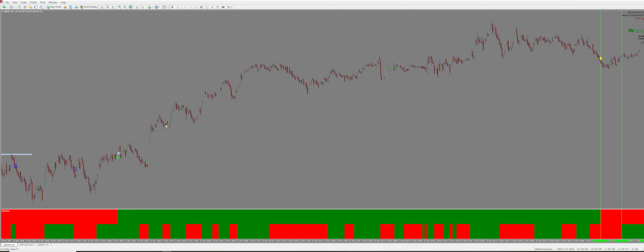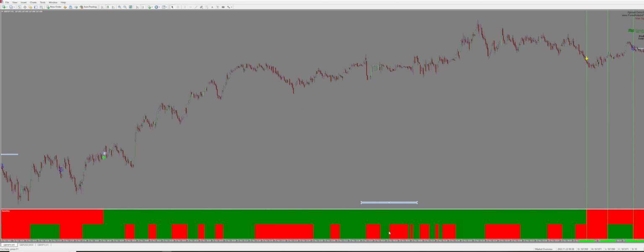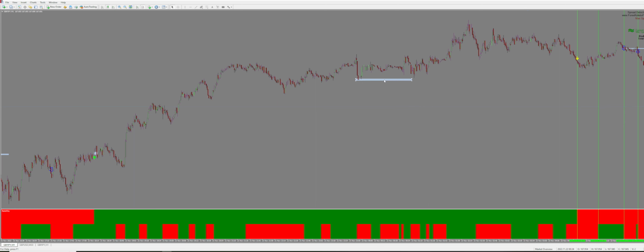But it's not always when you take out these highs that we've changed trend. Because if you look here, we did come here and we traded below this. And if you look here, we had a swing low and we had another one here. We did trade below it. Right there we had this swing low.